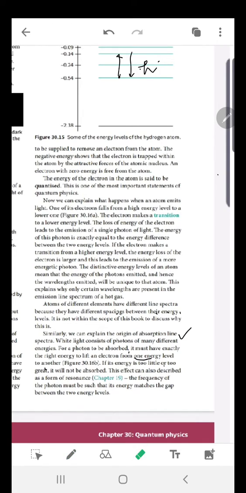So this effect can also be described as a form of resonance. The frequency of the photon must be such that the energy matches the gap. This is a must. The photon has to have exactly this particular energy difference. The photon over here is going to get released with the energy of this particular gap.